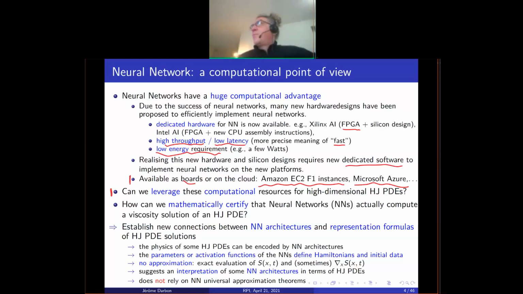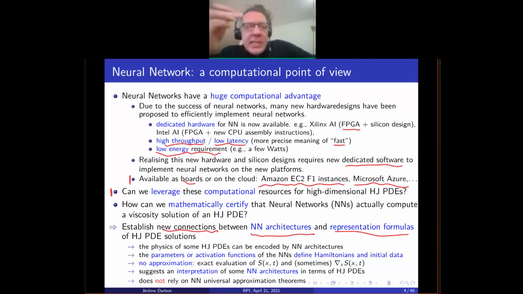The way we're going to approach this problem is by drawing mathematically new connections between neural network architectures and representation formulas of Hamilton-Jacobi PDEs. And so I'm going to give you two examples of two classes of Hamilton-Jacobi PDEs for which we can exhibit neural network architectures that are capable of representing exactly the solution of the corresponding Hamilton-Jacobi PDE.